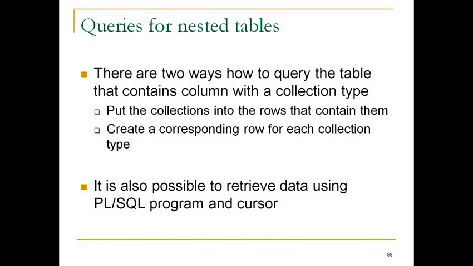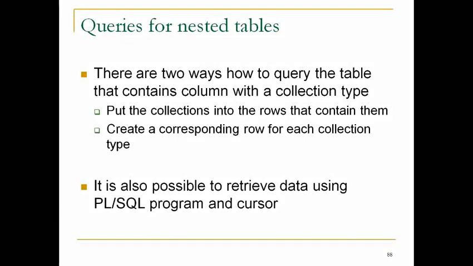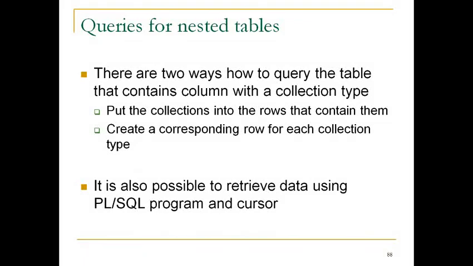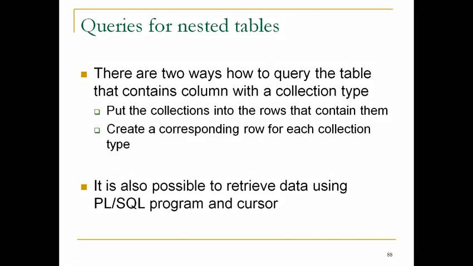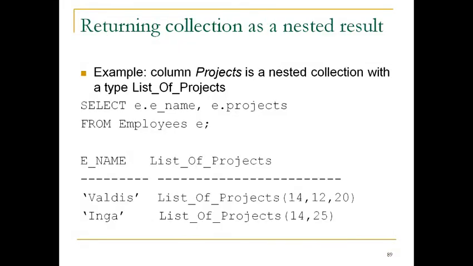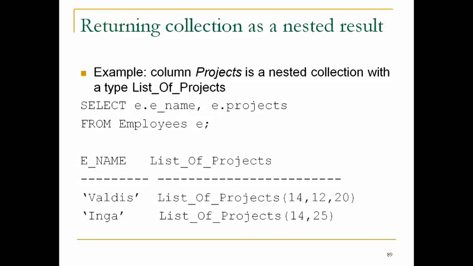A few ideas on how we can use these nested tables. Again, we can do the same as with object types. We can retrieve all data as objects and as relational databases. For example, as I said, a list of projects here.